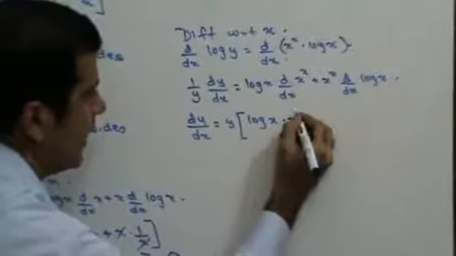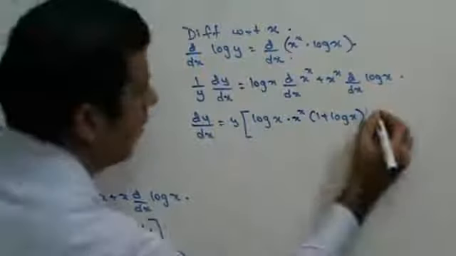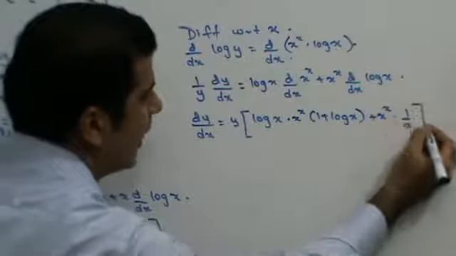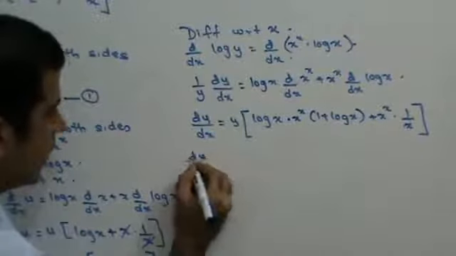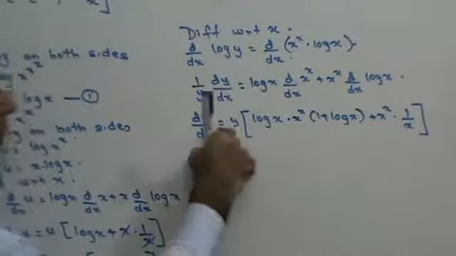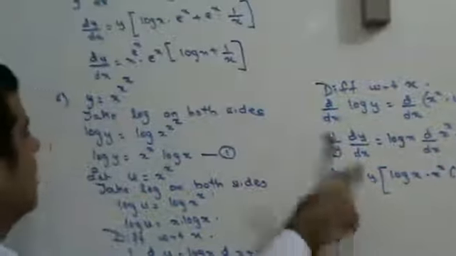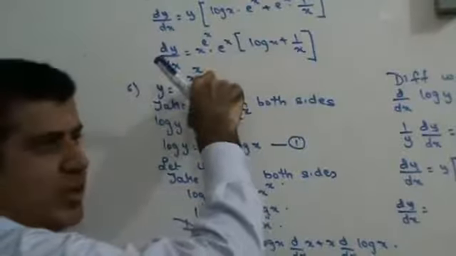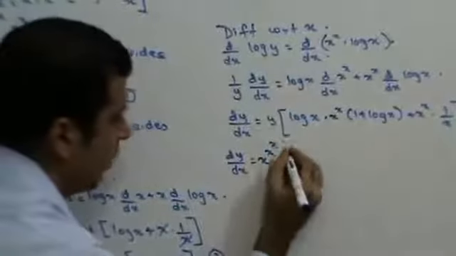So this is going to be x raised to x (1 plus log x) plus x raised to x. dy/dx of log x is 1 upon x. We substitute the value of y, which is the original sum, x raised to x raised to x.